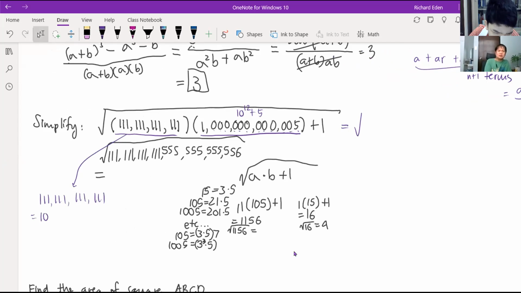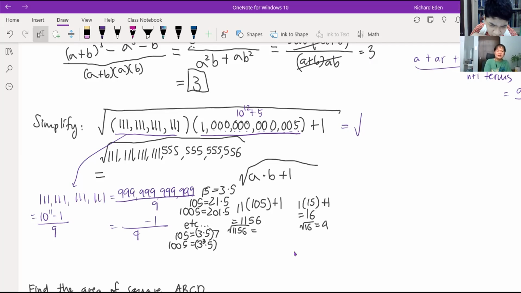Wait, 1, 2, 3, 9, 10, or 10 to the 11, right? Yes, 11. Minus 1 over 10 minus 1, which is 9. Actually, another way to think about this is 9, 9, 9, 9, 9, 9, 9, 9, 9, 9, 9, 9 over 9. And then we see that the numerator is 1 less than the power of 10.